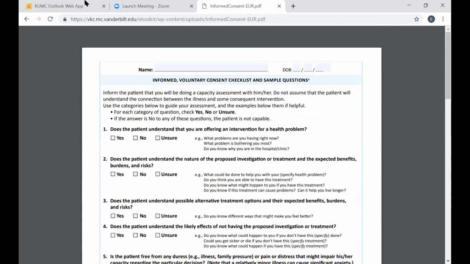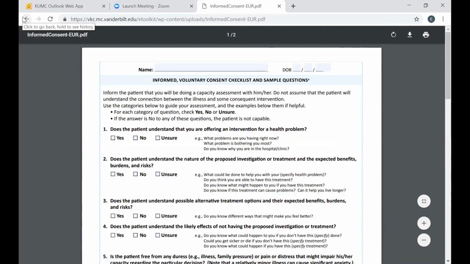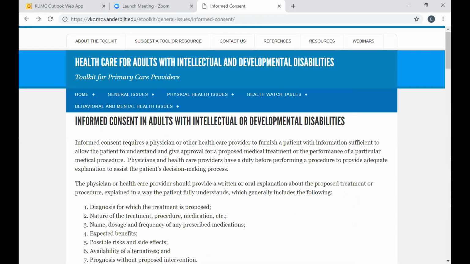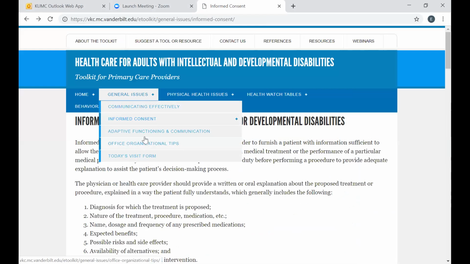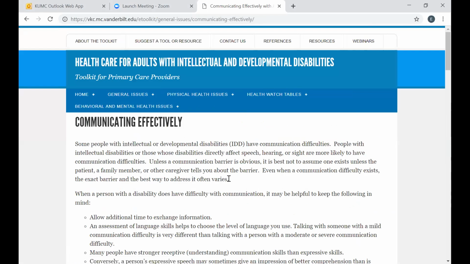So it's a nice form that exists out there to help guide providers in determining capacity. The other thing I thought was interesting under this is the communicating effectively tab.